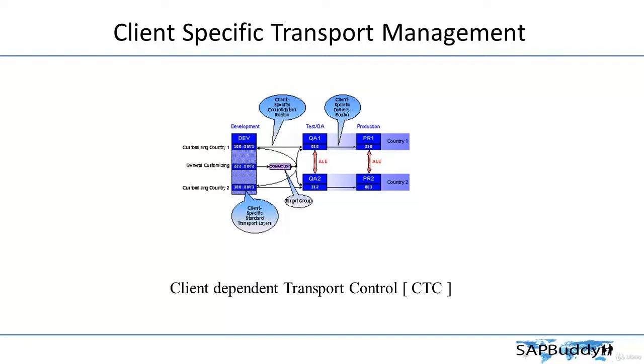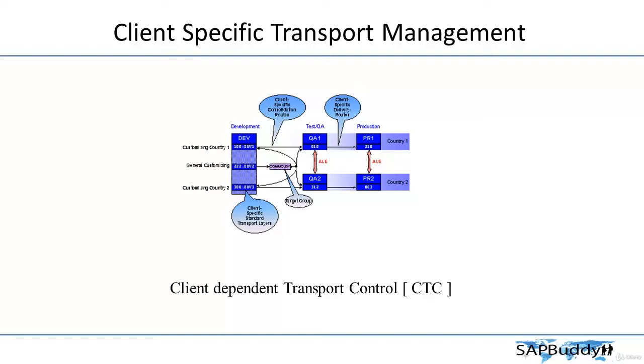Now you may wonder whether it goes to one specific target client, or if I have more than one target client, whether I can import this TR to two different clients in the same system. It is possible in the target as well. You can specify which clients and in what sequence you want to import these TRs.